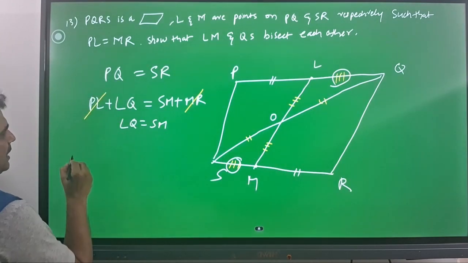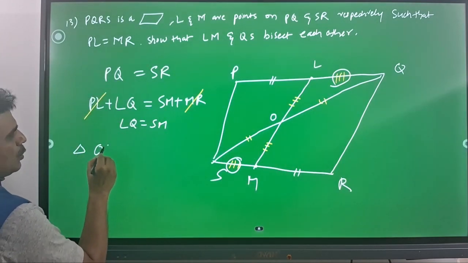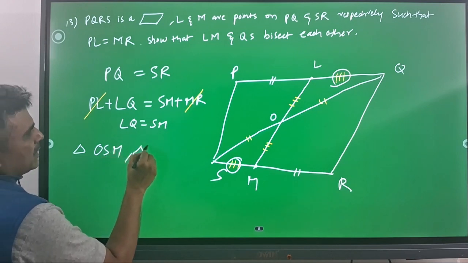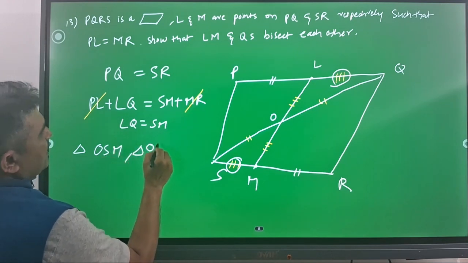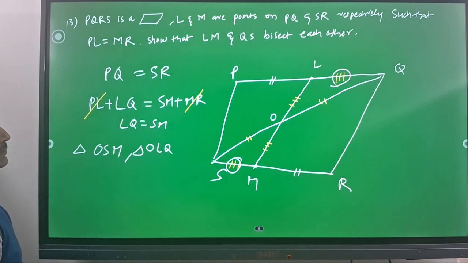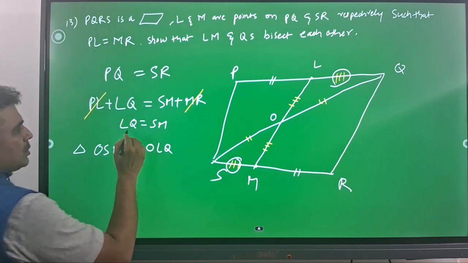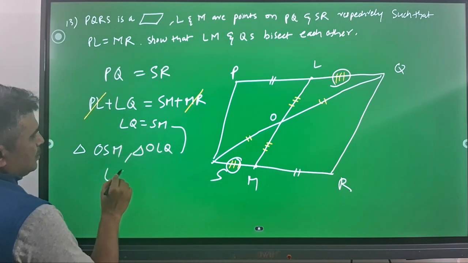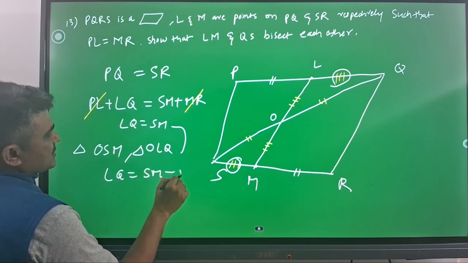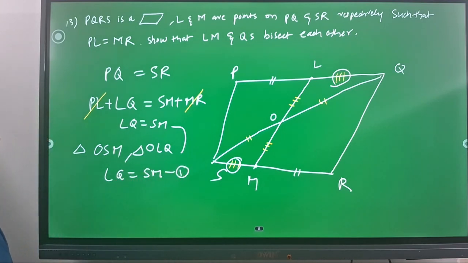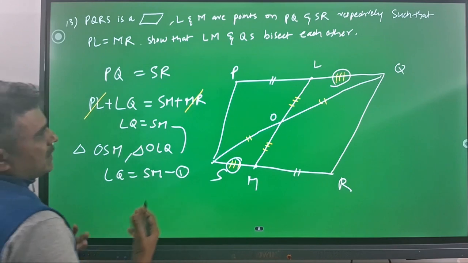So now consider the triangles, triangle OSM and triangle OLQ, these two triangles. In those two triangles, according to this, LQ is equal to SM. This is the first relation for proving congruency. Now check whether any other equalities are there.